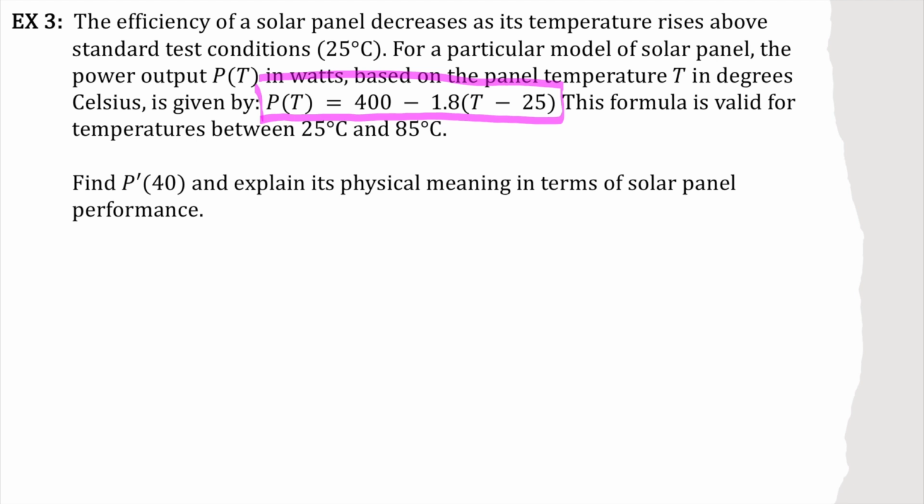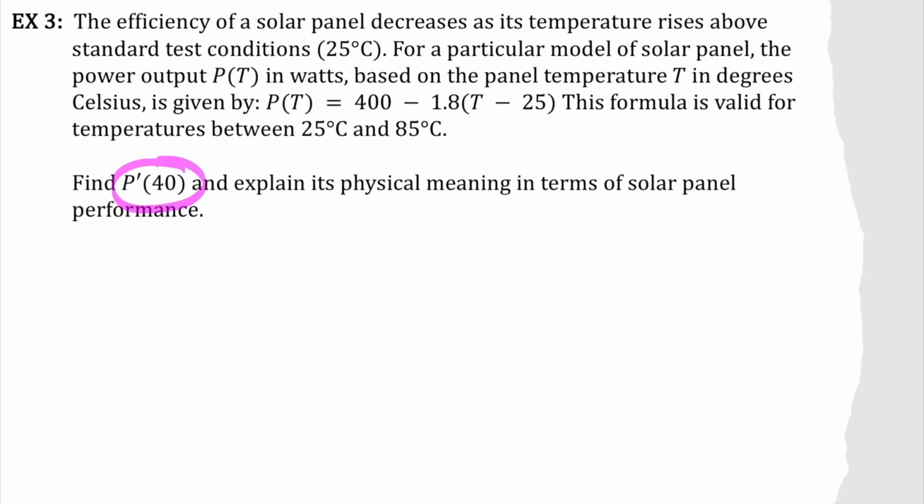Okay, this formula is valid for temperatures between 25 degrees Celsius and 85 degrees Celsius. Find P prime of 40 and explain its physical meaning in terms of solar panel performance.